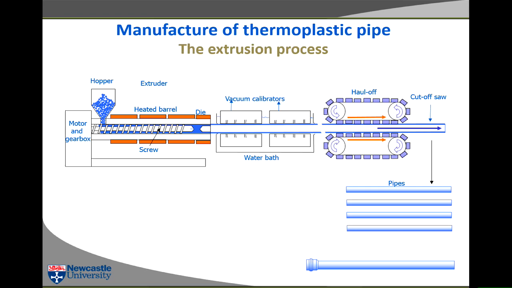If you look at the dimensions of this screw, the root of the screw here is smaller than here. So as the material in granule form is conveyed along the extruder by the screw, it's compressed and rubbed against the wall. And so when we get to here, we have molten polymer.